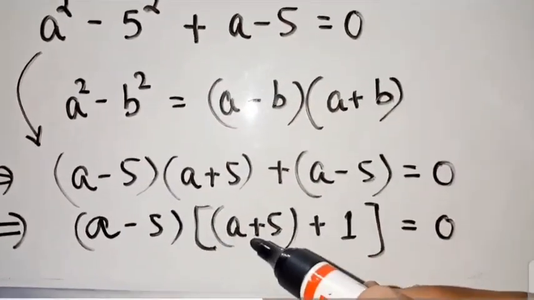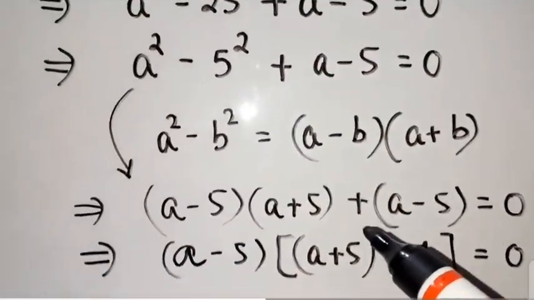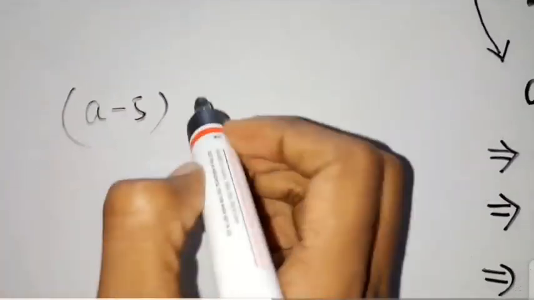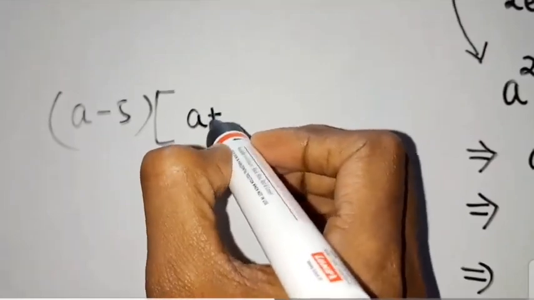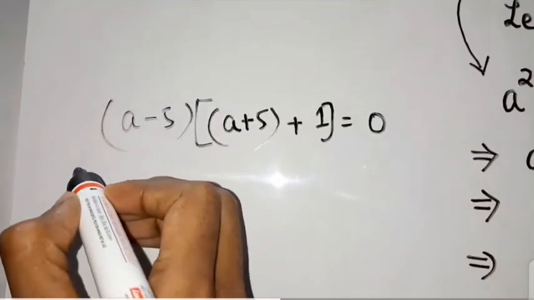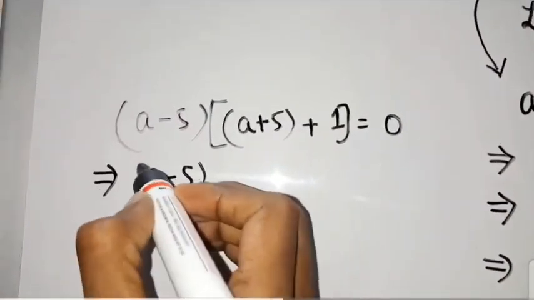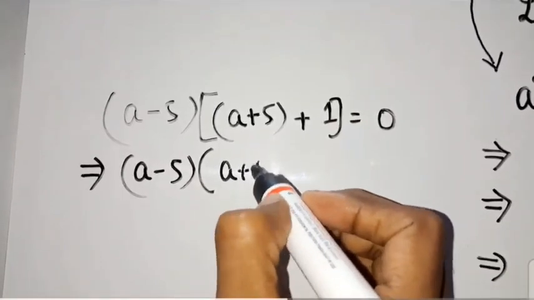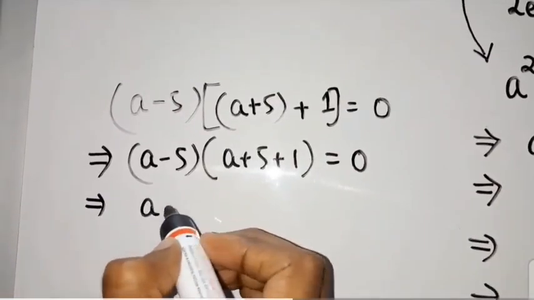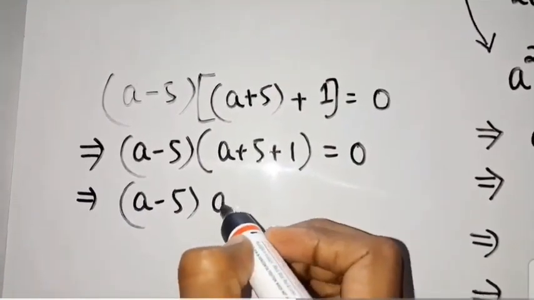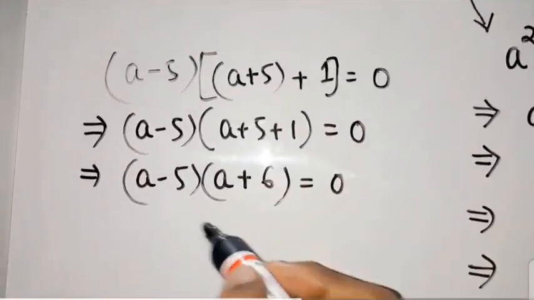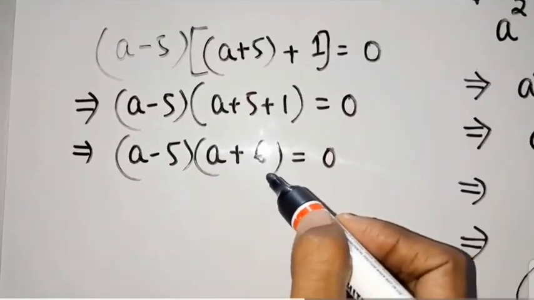Now after taking common, we can simplify it further: a minus 5 multiplied by a plus 5 plus 1 equals 0, and this a plus 5 plus 1 equals a plus 6. So a minus 5 multiplied by a plus 6 equals 0.